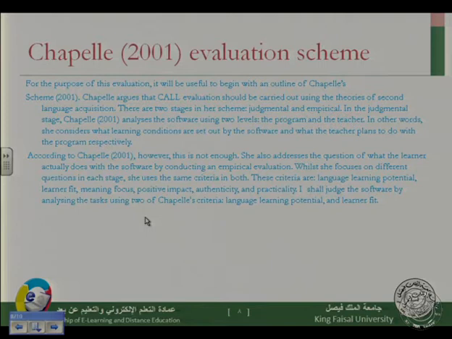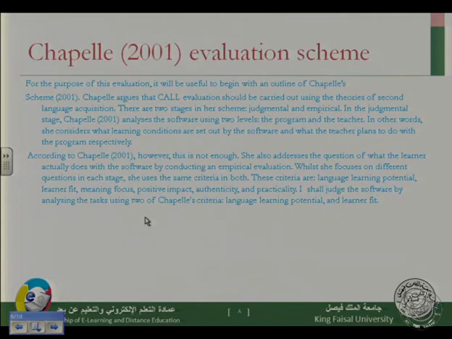Language learning potential: how much potential is there in this software? Is there learning happening while doing the exercises, while looking at the charts and the pictures? Would there be some kind of learning? How much potential does the software have to help learning take place?